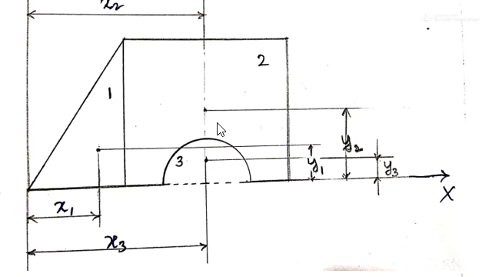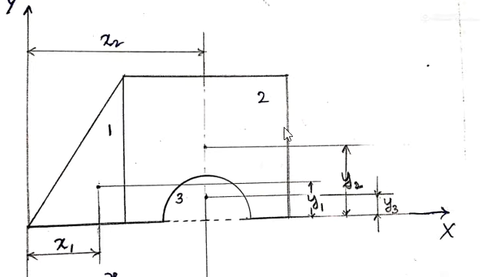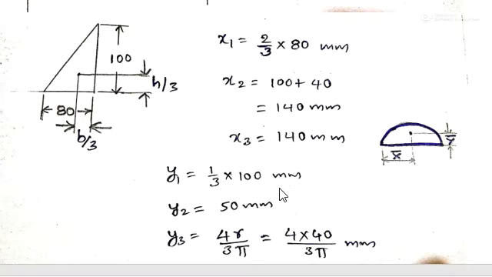And y2 is the distance of the centroid of the second figure, the rectangle, from this x-axis. The total is 100 given, so half of that is 50.